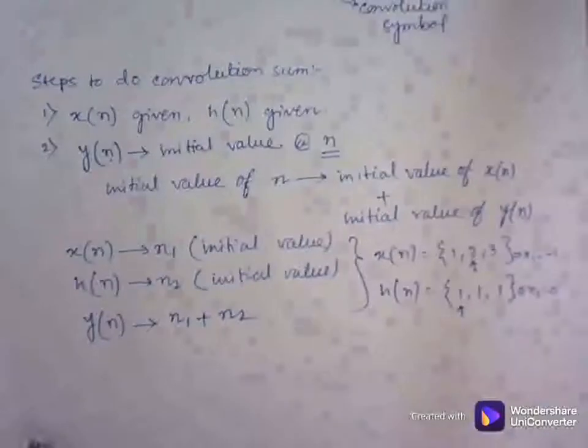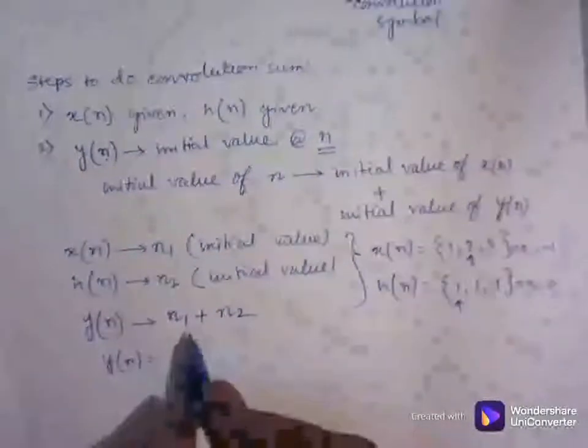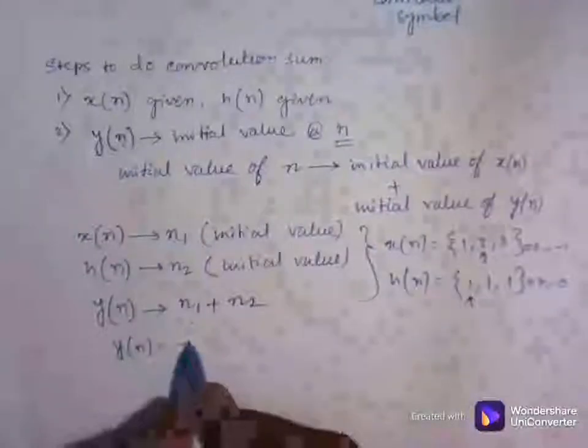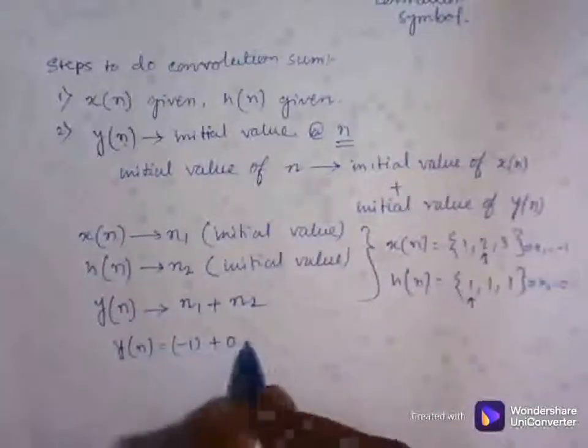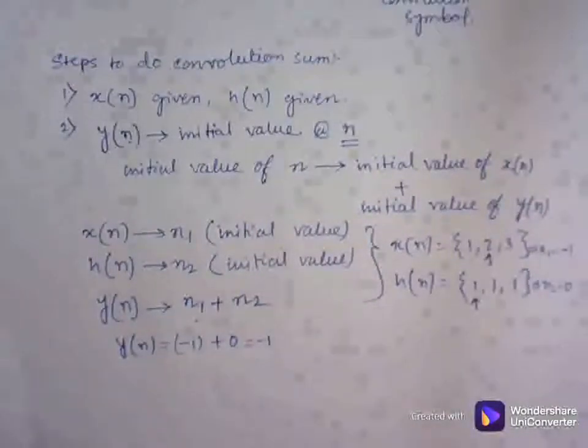So the initial value of y of n will be -1 plus 0, so -1. So y of n also starts from -1. Whatever the resultant sequence is, it will start from the value -1. So this is the second step.